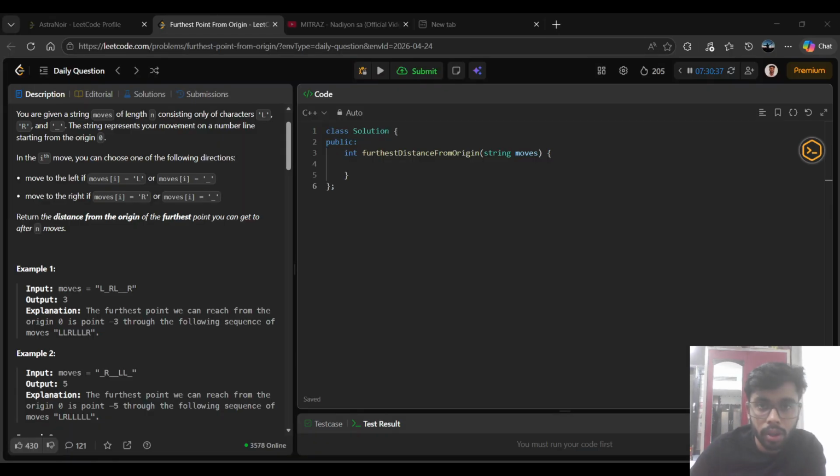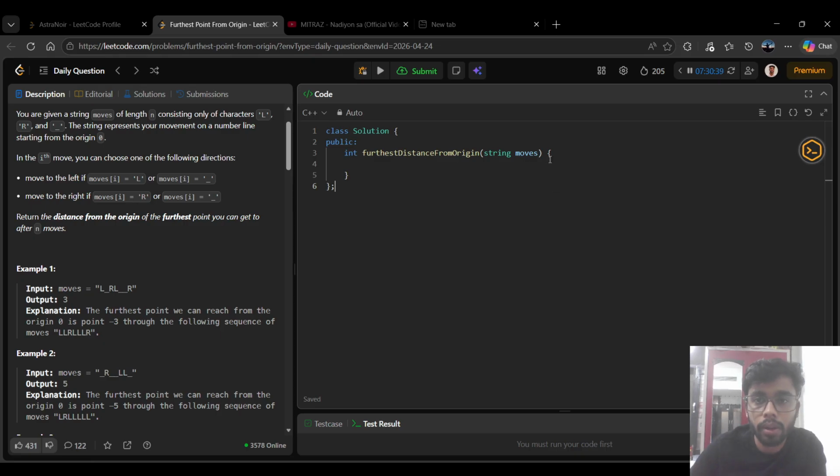Okay, so let's get back to the coding part. We have got int L equal to 0, R equal to 0.